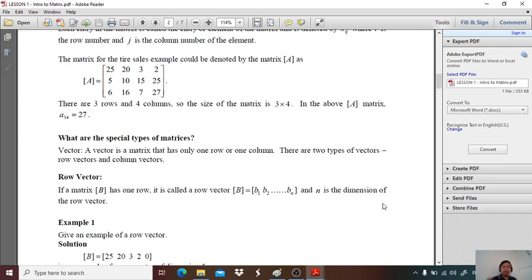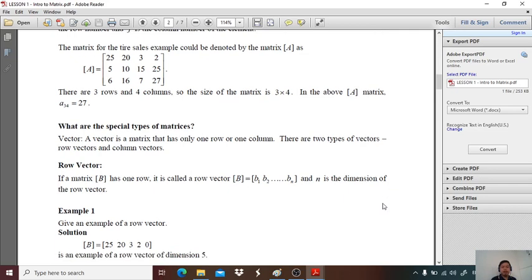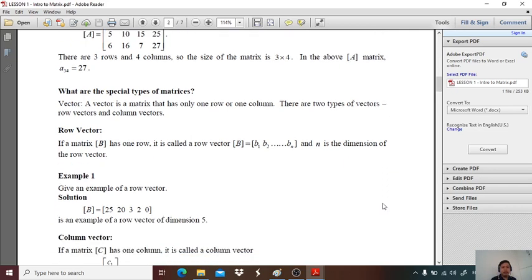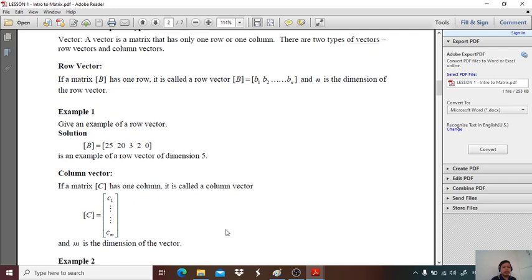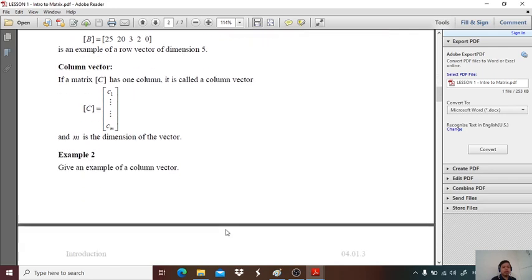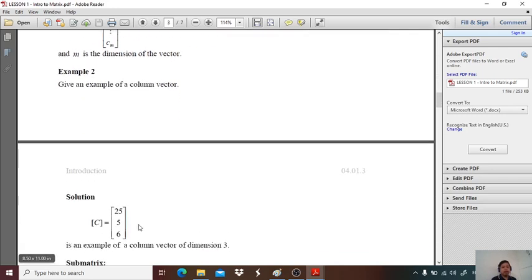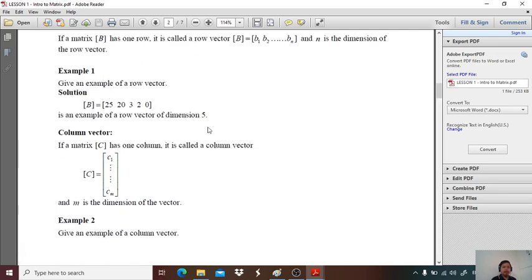For a row vector, we have only one row, while for a column vector, we have only one column. These are examples of a row vector and a column vector.